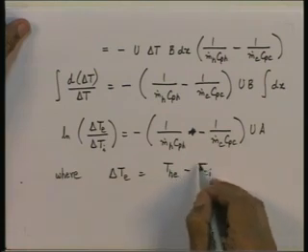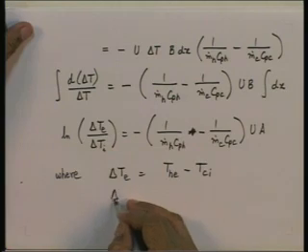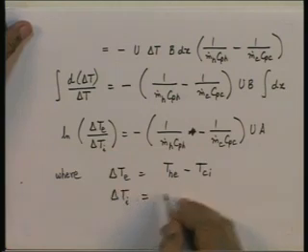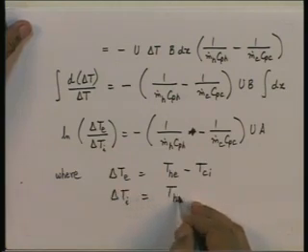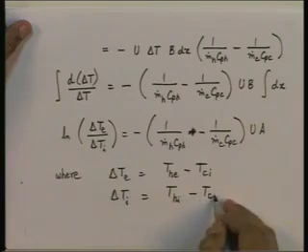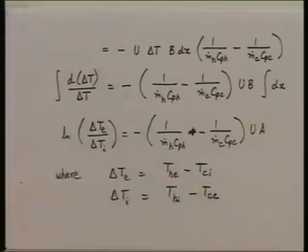Note this difference from parallel flow, and delta T i is equal to Th i minus Tc e. These definitions are different from parallel flow, that you should note.